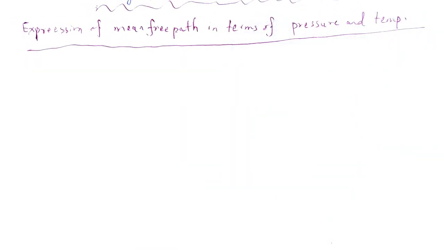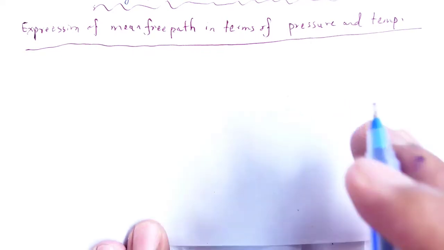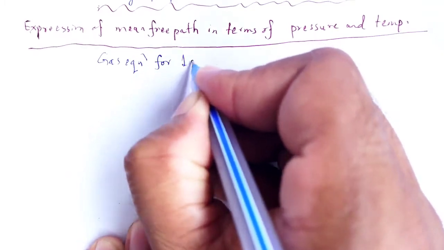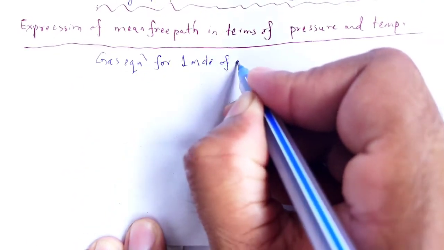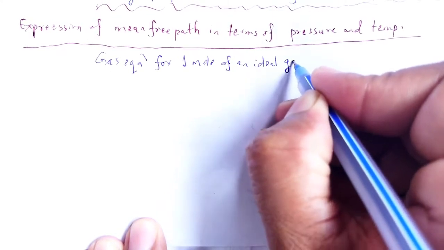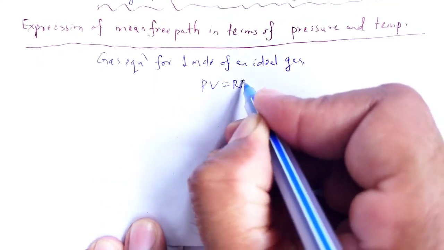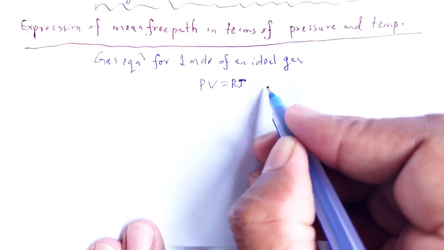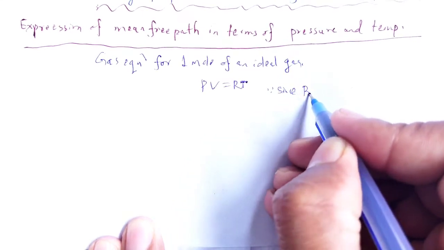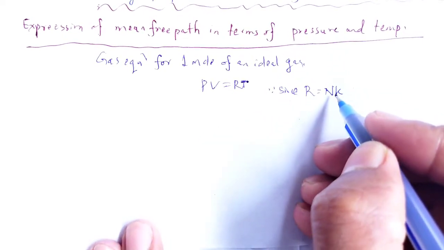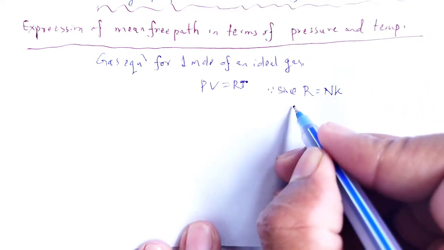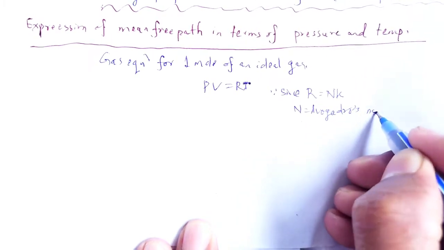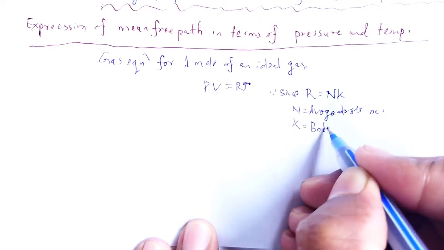We know the gas equation for 1 mole of an ideal gas is PV equal to RT. Since R is equal to NK, where N is the Avogadro's number and K is the Boltzmann constant.